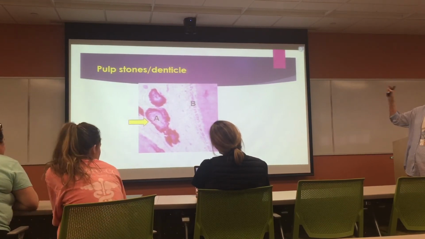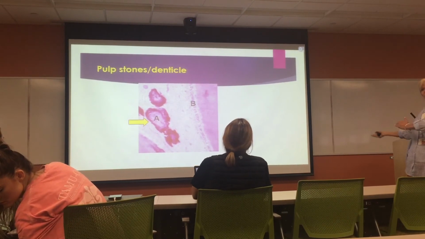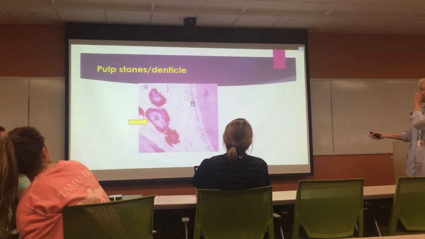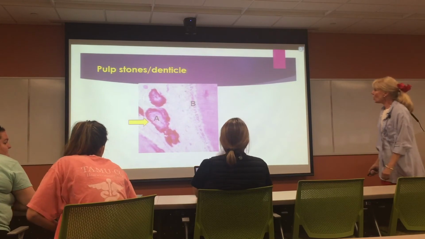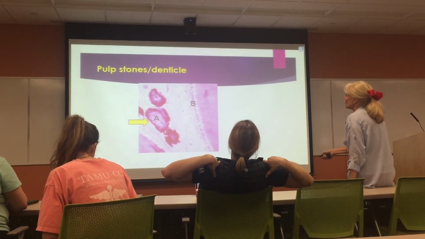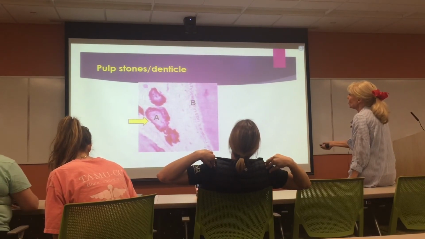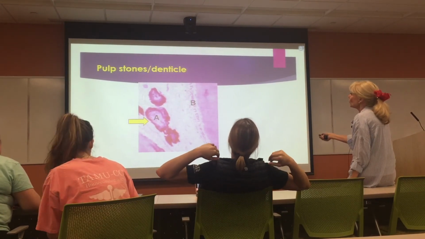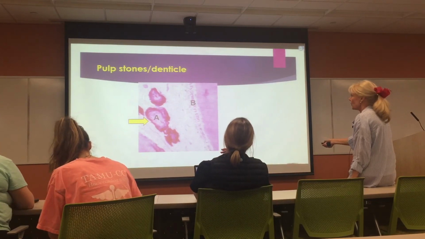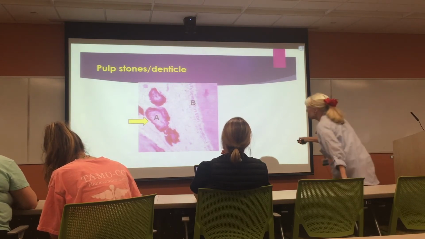So are we in the periodontal ligament or are we in the pulp? I think we're in the periodontal ligament. No? Why? Because it's so narrow and there's two dark things. Yeah, but this is not bone. These are odontoblasts. Now, if you look carefully, this material you can see is dentin.